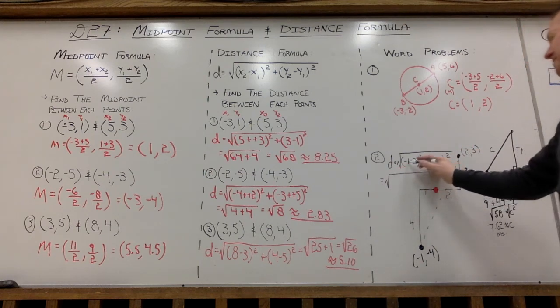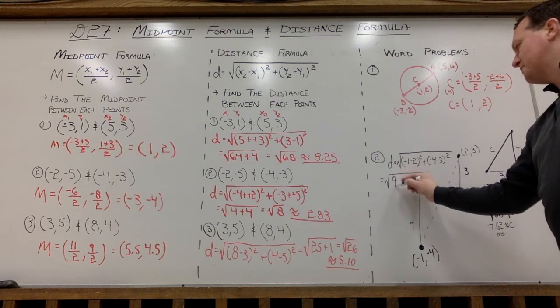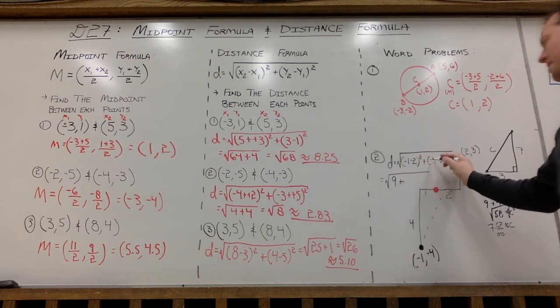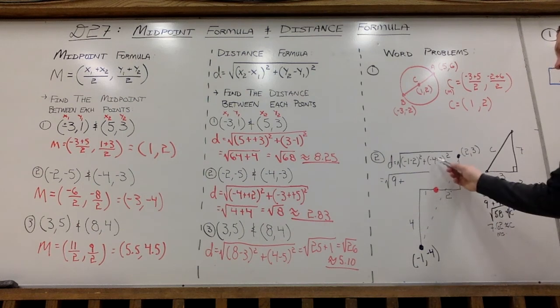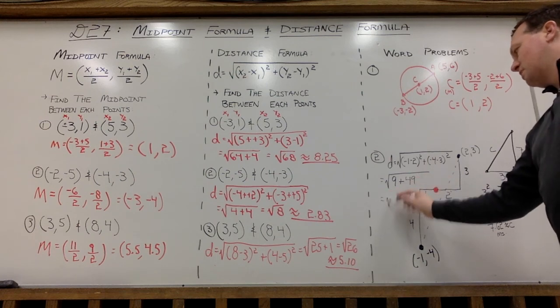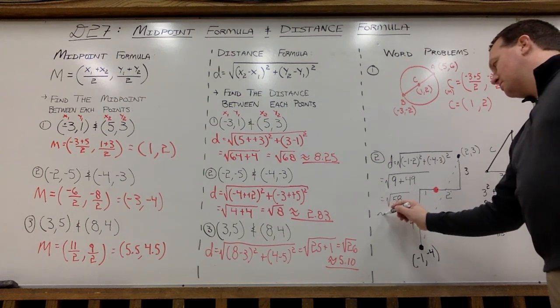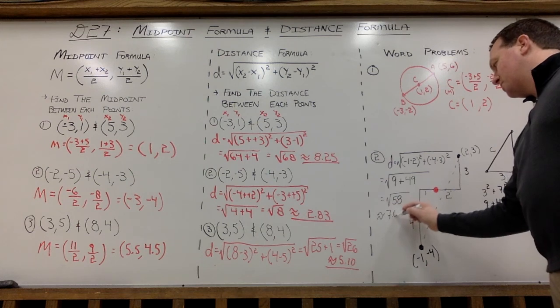Simplifying, I'd have -1 minus 2 is -3, -3 squared is +9, and we'll add that to negative 4 minus 3, negative 7. Negative 7 squared is positive 49. So either way you slice it, 9 and 49 is 58. Square root of 58, we said, is about 7.62 miles.